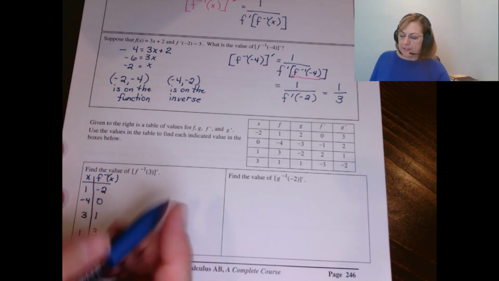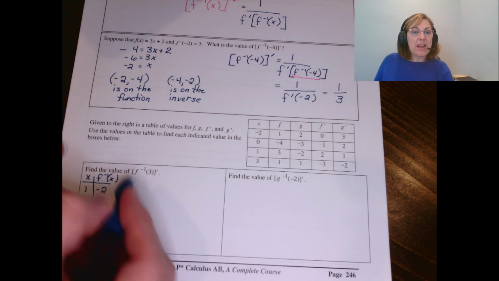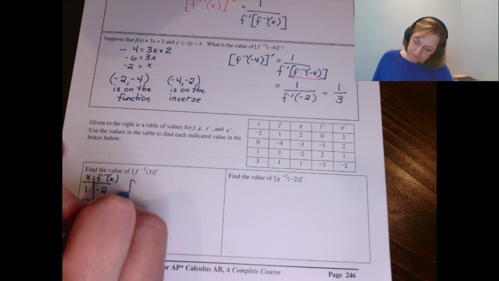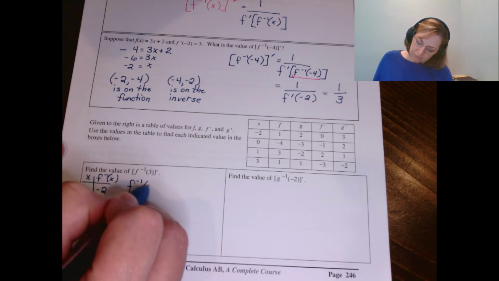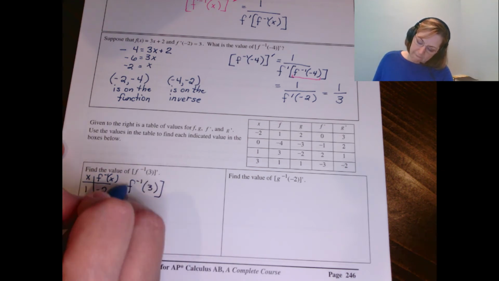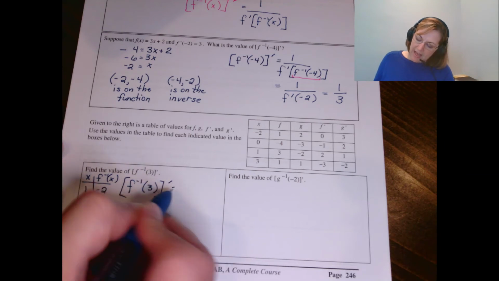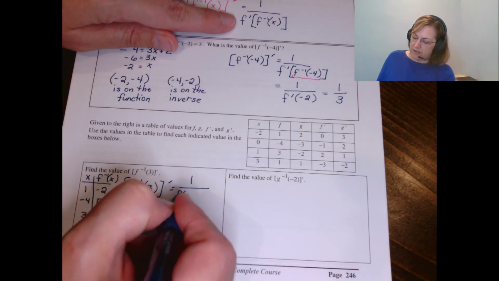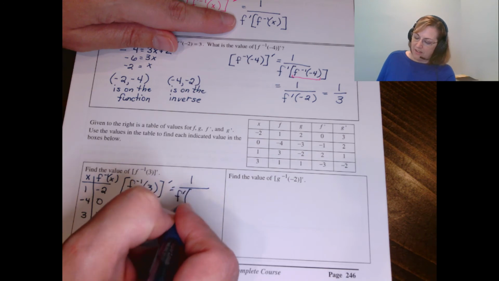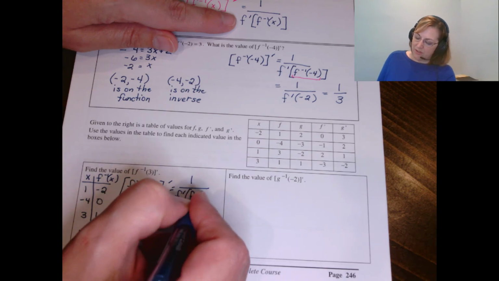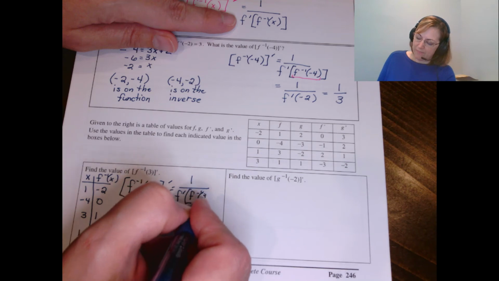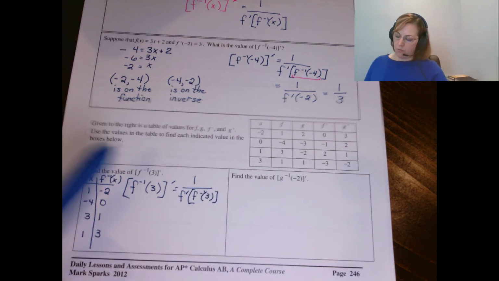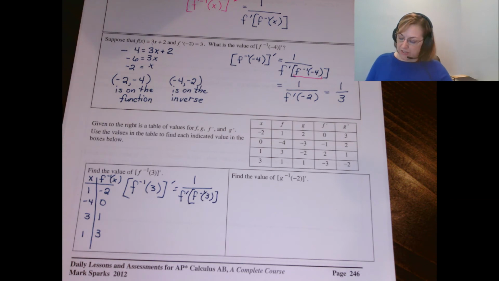All right. So now when I want to find the derivative of the inverse of 3, I know it's 1 over the function at the inverse of 3. Okay. Now, go on the very inside, just like we've been doing.